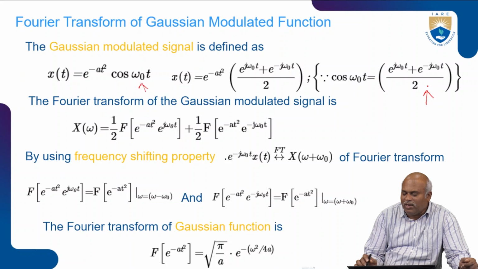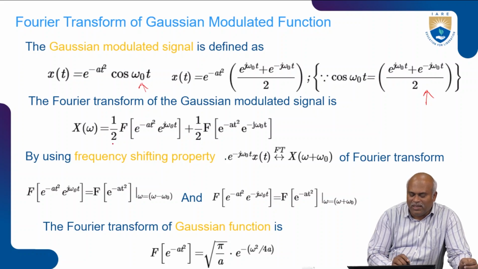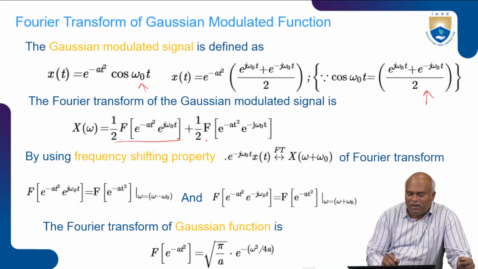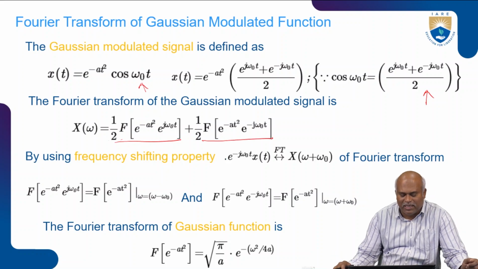We write cos omega 0 t is equal to e power j omega 0 t plus e power minus j omega 0 t, divided by 2. Then I should separate it into the real part and the imaginary part. This portion is represented as the real part, this portion as the imaginary part.